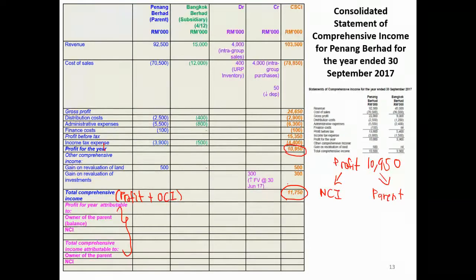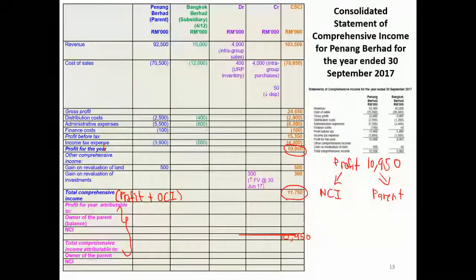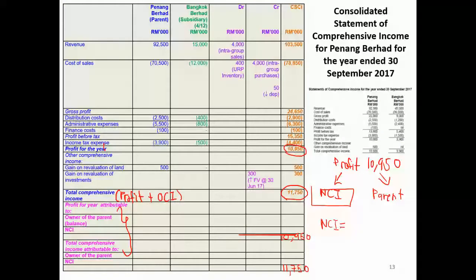Okay, so let me put the total first. 10950, that is the total profit that you have to split, and the total comprehensive income you have to split is 10750. Okay, and remember I told you all to always start off by calculating NCI, which is correct, as your classmate mentioned. So NCI here, I'm going to ask the whole class again.